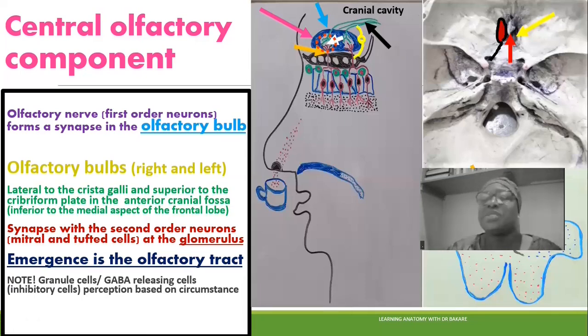So when the perception of smell is not activated, it's as a result of the inhibitory action from the granule cell. So you will not be able to smell a particular odor as a result of this inhibition. So it's also good for us to highlight this. This is the peculiarity that is seen within the olfactory pathway, whereby some circumstances will affect the sense of smell. And this will occur as a result of the inhibitory action from the granule cell.